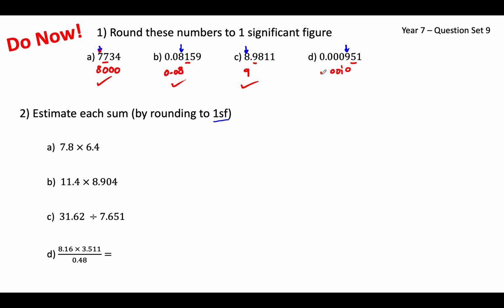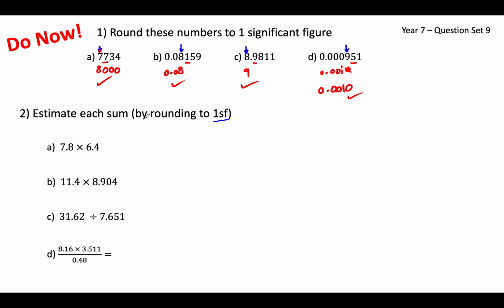But actually that's not very neat. I don't want this 0 on the end, so it becomes 0.001. That 9 gets rounded up, so it becomes a 10, so actually it's a 1 in the next column. In this case, if you have put a 0, that's absolutely fine because it's been rounded to that significant figure. It kind of shows it's been rounded. So I'll accept either on that one just today because I'm feeling generous.